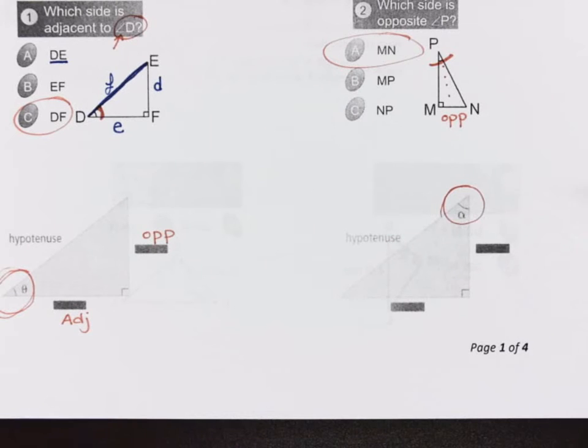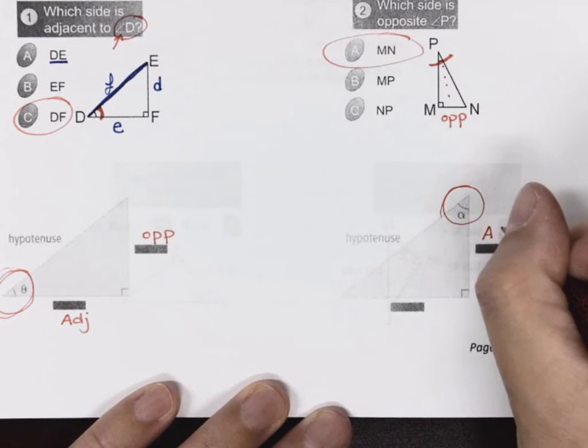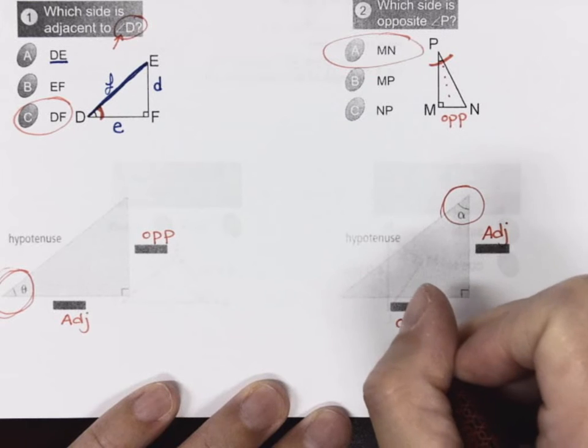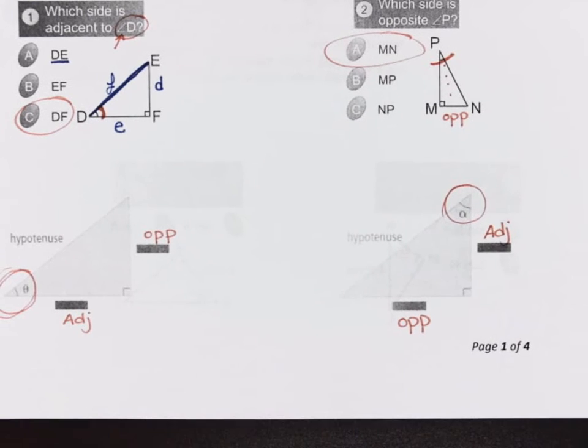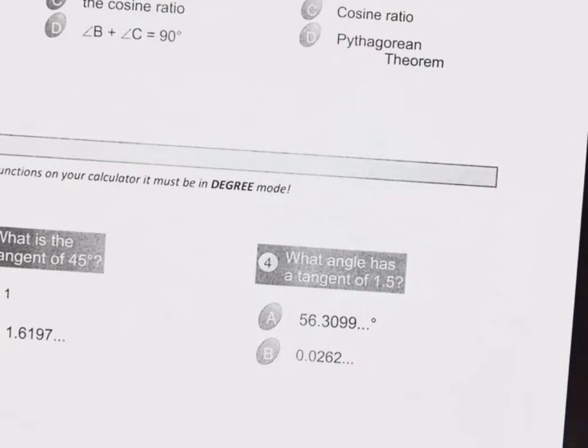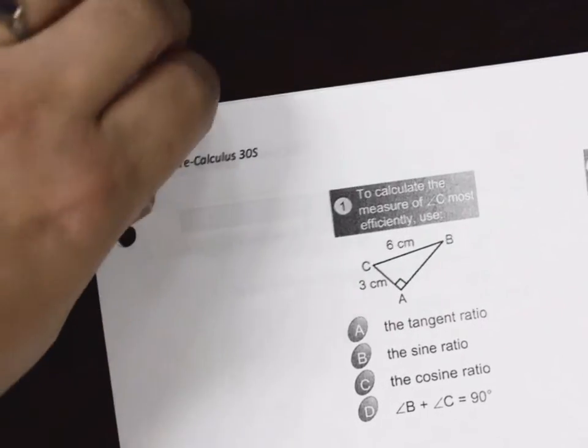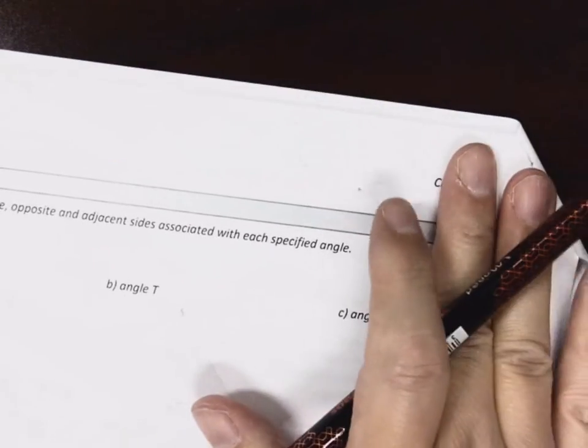It's the Greek letter alpha. So this one now becomes my adjacent side, and this one becomes my opposite side. All right. Okay. I think this is all just the stuff I went through already.